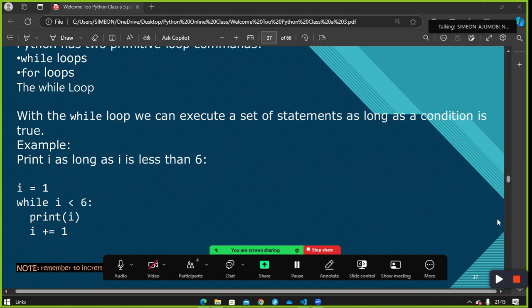1, 3, 5, 7, 9, 11. Odd numbers. It ended at 11 because it added 1: 1 plus 10 is 11.